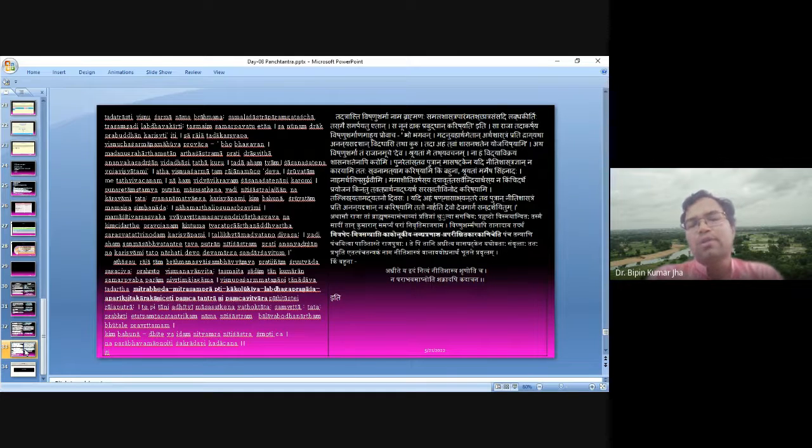Then Vishnu Sarma, the guru, replied to the king. Shruyatam me tathya vachanam. Please try to understand my words carefully.